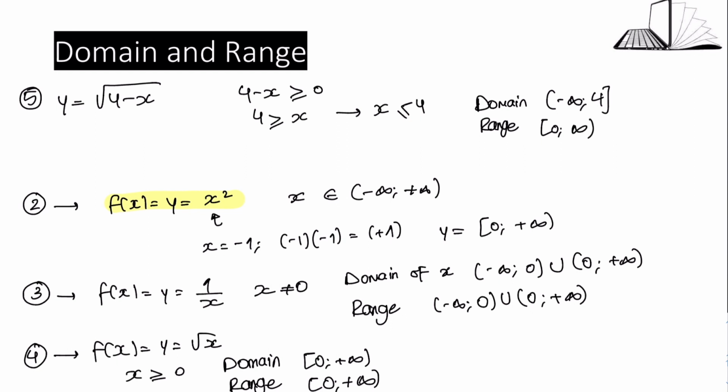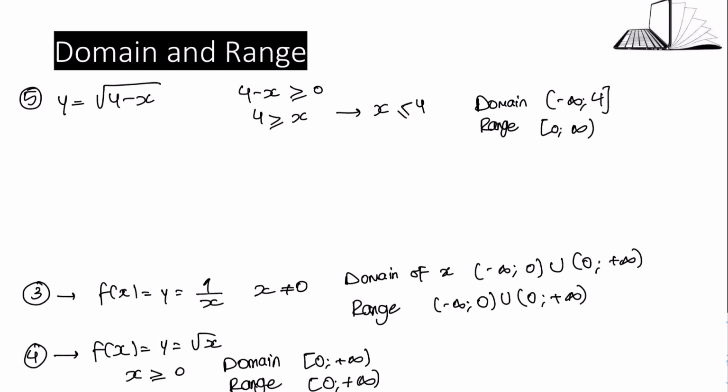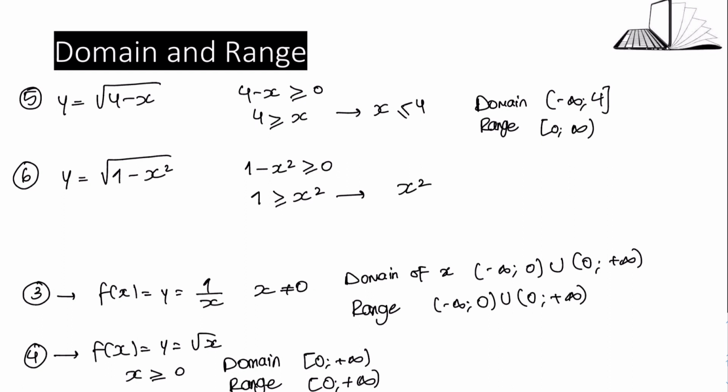I can have an even more complicated example. Let's say example 6, if I have y equals 1 over radical 1 minus x squared. The same thing, I have to say that 1 minus x squared should be positive, then 1 should be more than x squared. So x squared is less than or equal to 1.